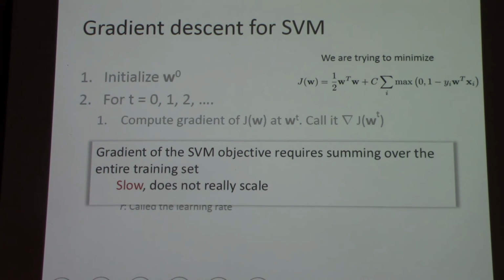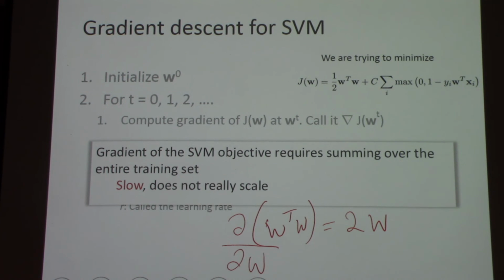The derivative of W transpose W with respect to the vector, this is vector calculus, is simply 2W. It's like saying the derivative of x squared with respect to x is 2x.